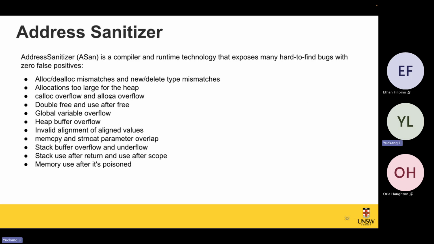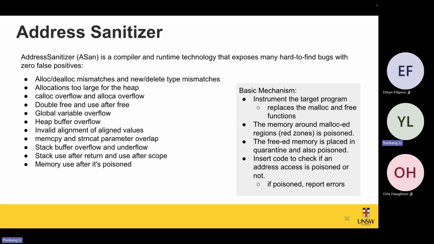I believe you know what memory is, right? Like pointers and memories. The basic mechanism is this: you all know malloc and free, right? Malloc assigns a piece of memory to a pointer, and free releases that piece of memory from the pointer.